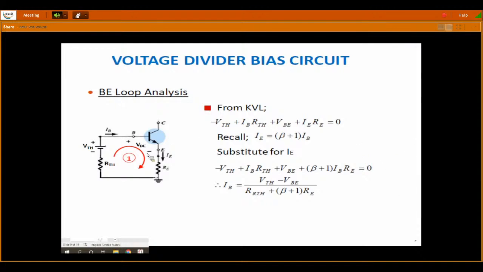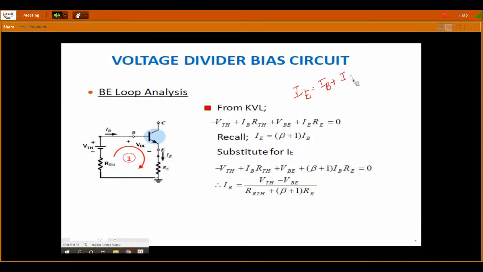So we have minus VTH plus IB into RTH, since the current through RTH is the base current IB, plus VBE plus the voltage drop across the resistor RE, which is IE into RE, since the emitter current IE flows through RE. Now IE is equal to IB plus IC. In a common emitter amplifier circuit, IE is equal to IB plus IC.